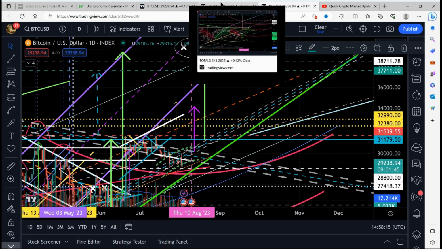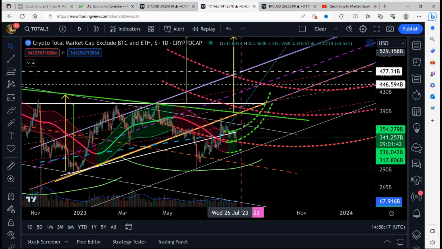Now we got the same thing going on the total 3 crypto market cap. We're testing here, we're holding support here on the mean band and the bottom of the weekly Gaussian channel. And here is the CPI data release.